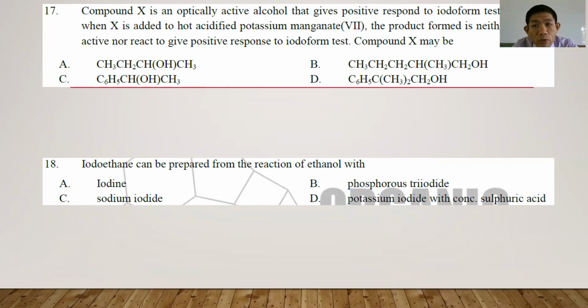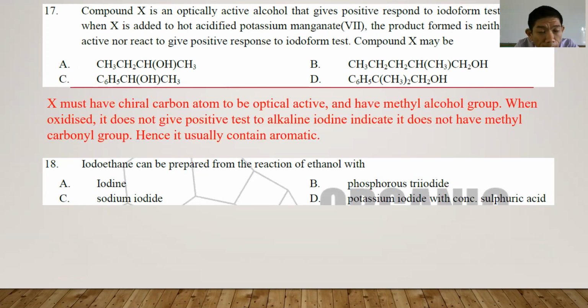So let's have a look at which one is the determining. When reacted with hot acidified potassium manganate, the product formed is neither optically active nor gives a positive iodoform test. So it seems that after undergoing oxidation, it does not give a positive iodoform test. For A, which is a secondary alcohol, when you further oxidize, you still get butanone.